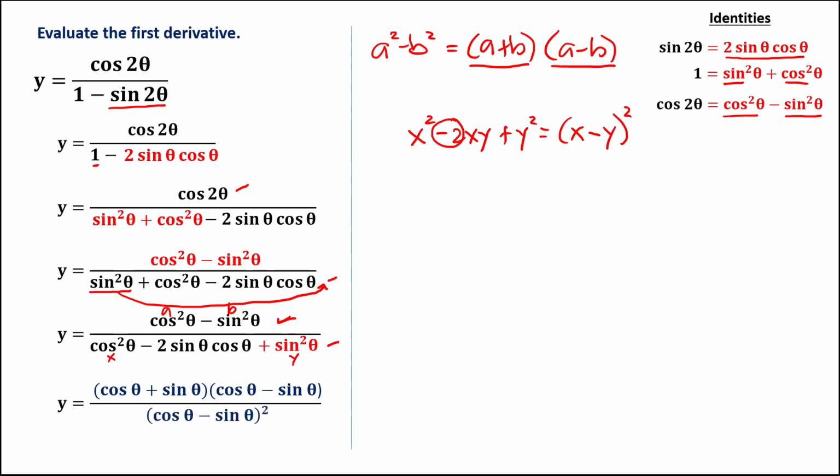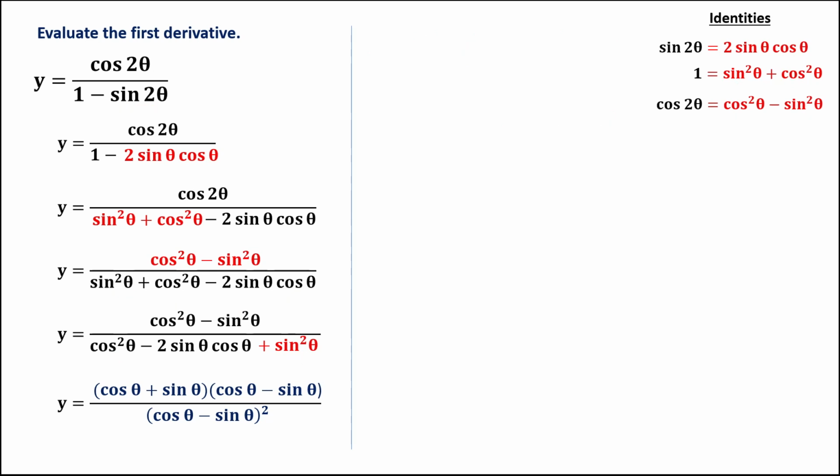So we have cosine minus sine quantity squared. And from this, we can simplify. We can cancel this cosine minus sine and one cosine minus sine. So the remaining is cosine plus sine over cosine minus sine.